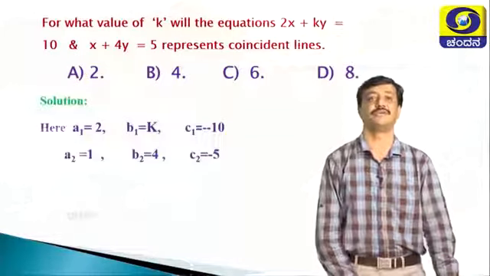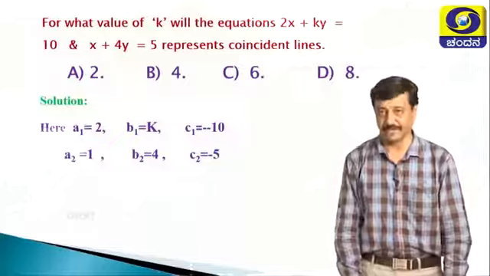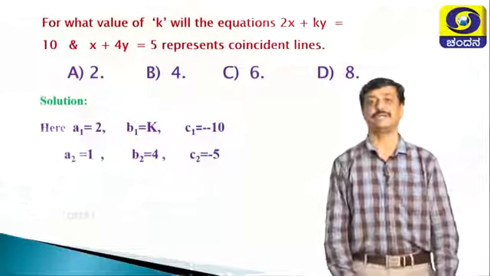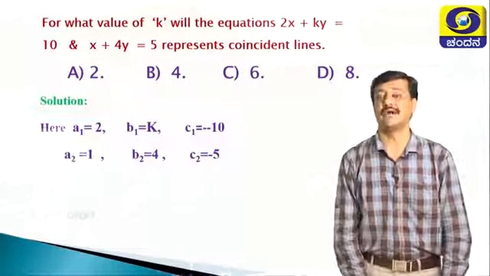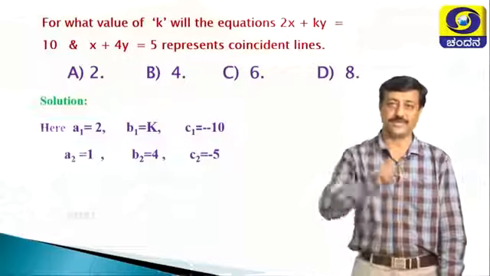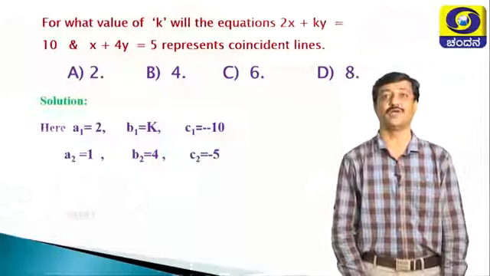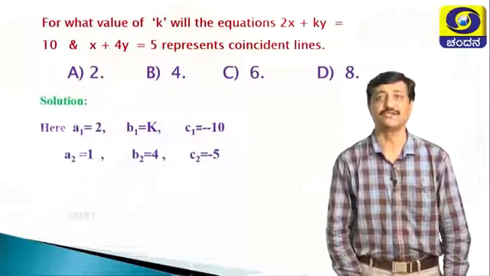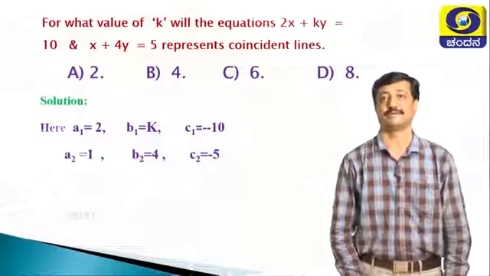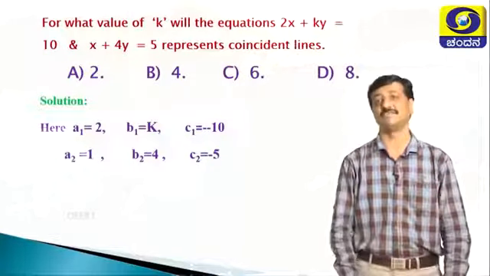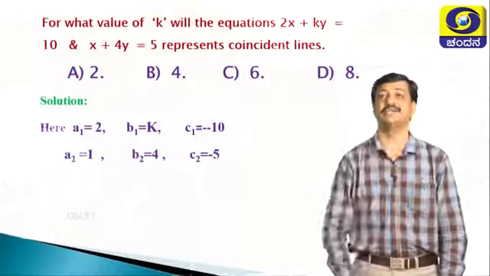First, we have to compare the given equations with the standard form. After comparing, we can get the values a1 as 2, b1 as k and c1 as minus 10. In the same way, a2 value 1, b2 value 4 and c2 value minus 5. After getting these 6 values, let us apply the condition.